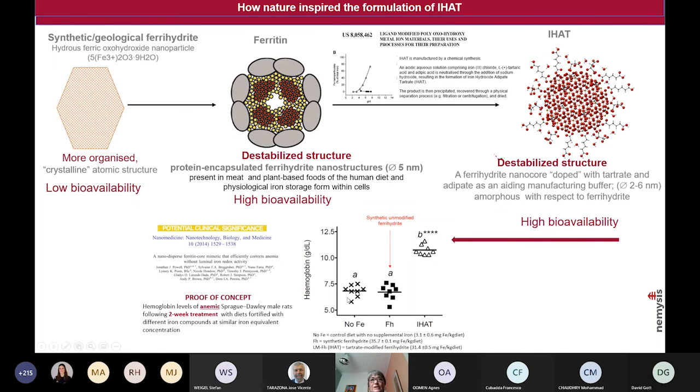You can see in this case that in animals that were iron deficient, the oral administration of a crystalline form of nanoparticles or of a destabilized structure was really impacting on the bioavailability and on the recovery of the level of hemoglobin.